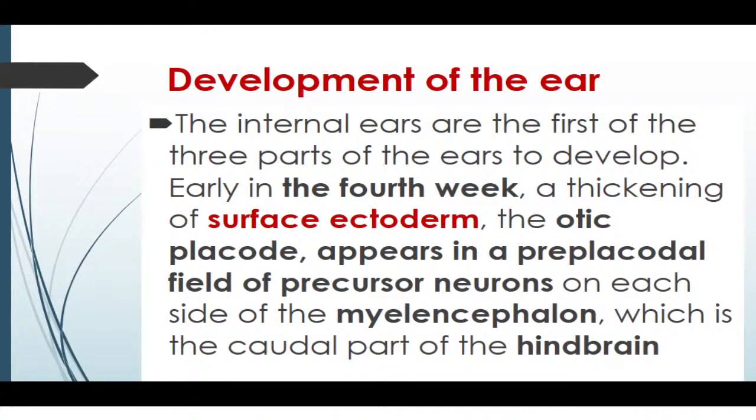Development of hearing. The internal ear is the first of the three parts of each ear to develop. Early in the fourth week, it arises as a thickening of the surface ectoderm.